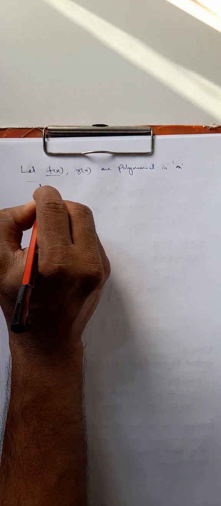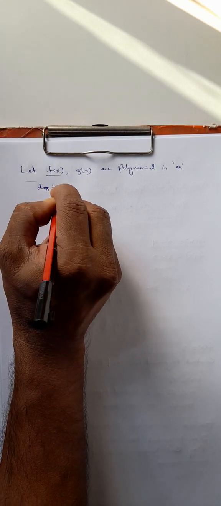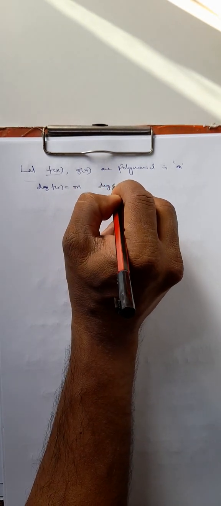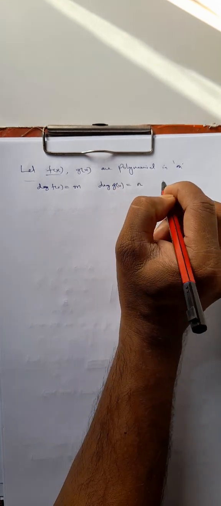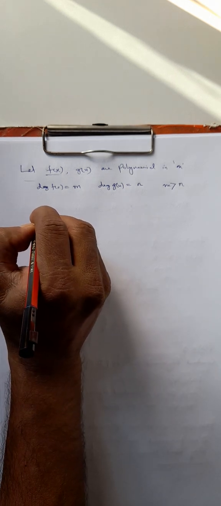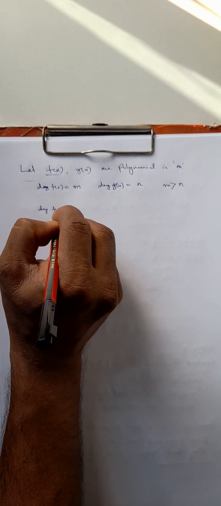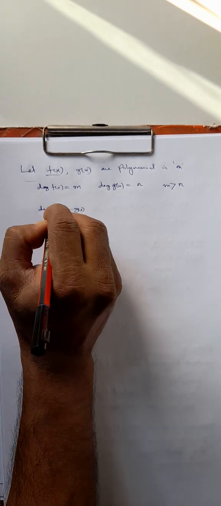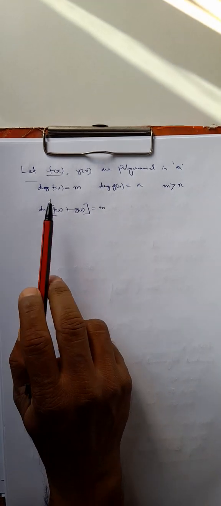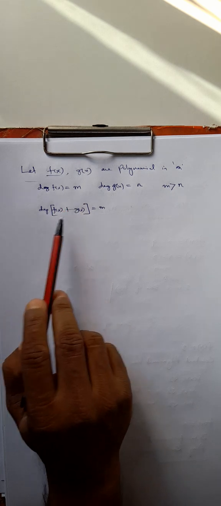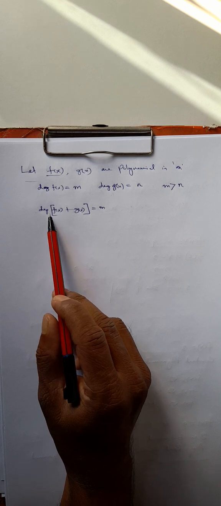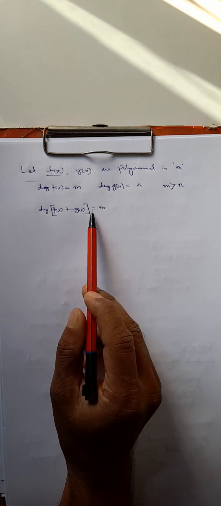Say for example, degree of f(x) equals m and degree of g(x) equals n, and m is greater than n. Then what would happen to the degree of f(x) + g(x)? This will be m. If f(x) is a polynomial with degree m, g(x) is a polynomial with degree n, and m is greater than n, then the degree of f(x) + g(x) is also m.